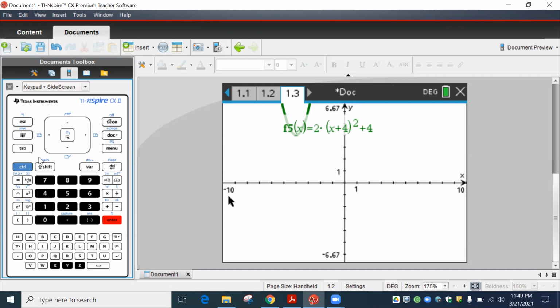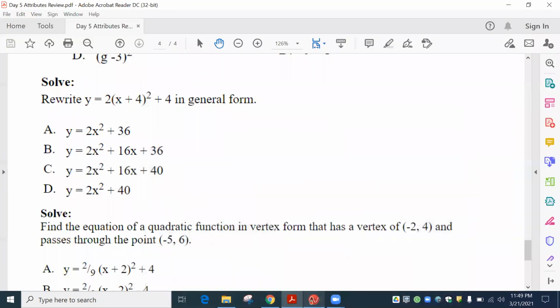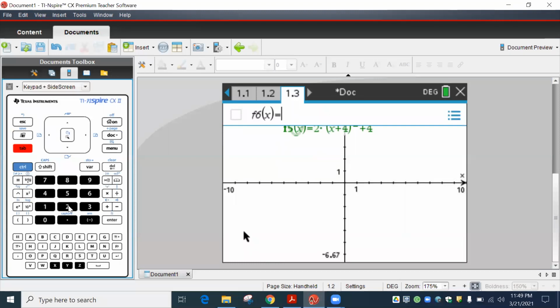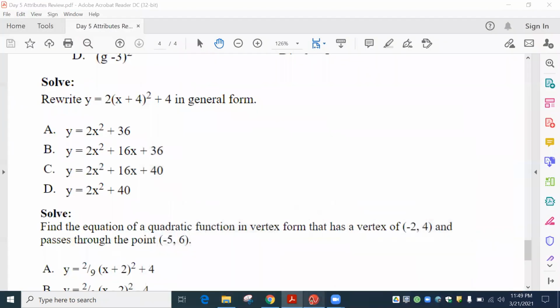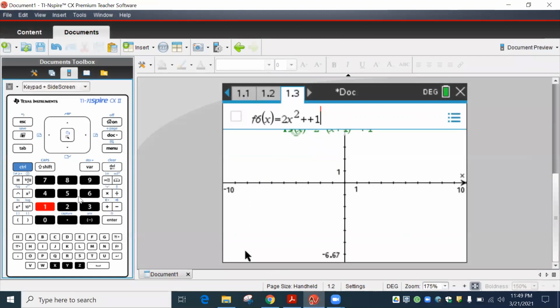And then I'm going to type in the second one, which was B, 2x squared plus 16x plus 36. So 2x squared plus, I think it said 16x, but I'm forgetting. 16x plus 36. Okay.